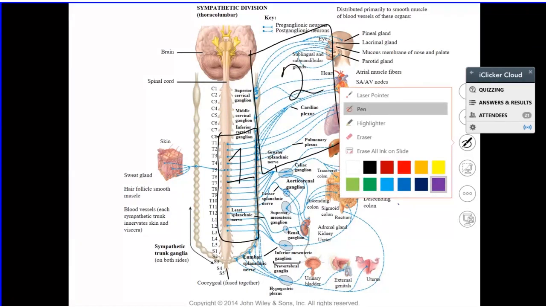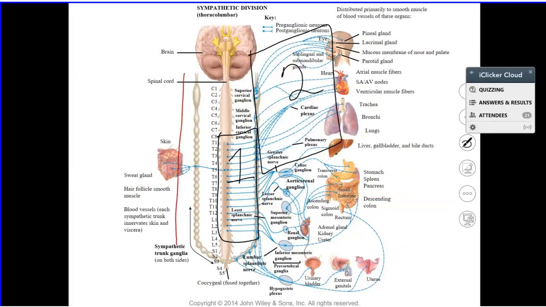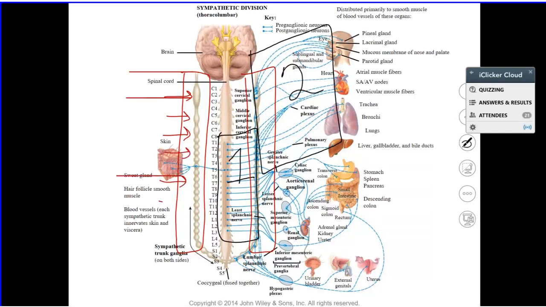Please erase my ink. No, it won't. Okay, that's fine. Do y'all see this chain right here? And then I kind of drew over this chain over here. But basically, these are swellings. They're right to the side of the spinal cord. They're on both sides, so they're paired.